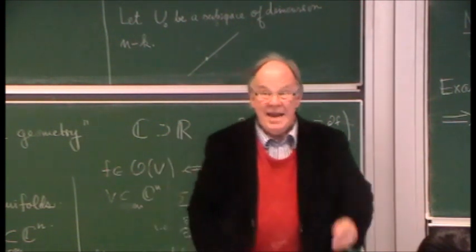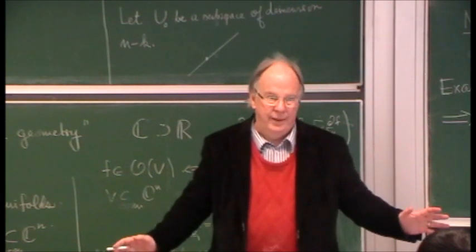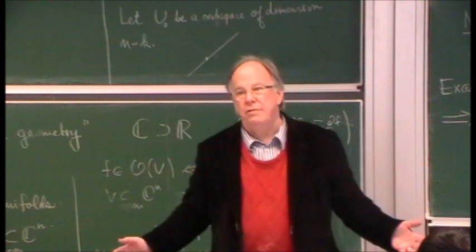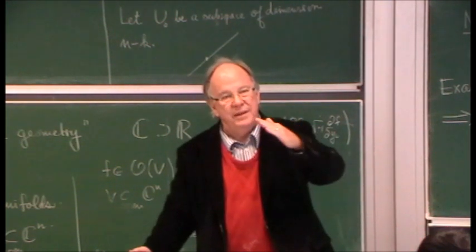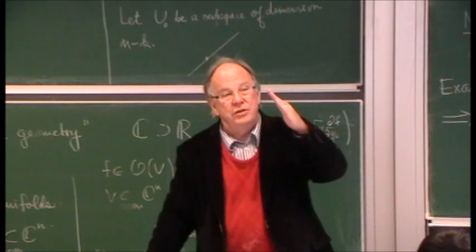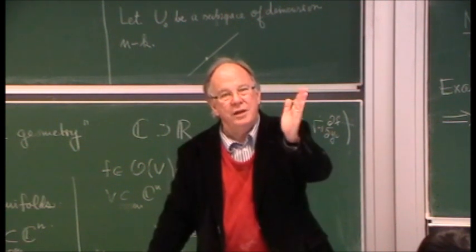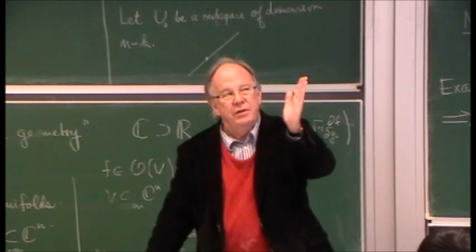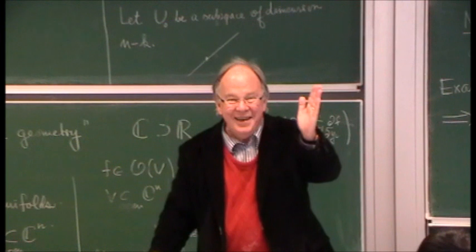Now I've got an n minus k plane that's somehow there. And now what does it mean, genericity with respect to that n minus k plane? A plane W in general position with respect to that means that it's complementary. W is in general position with respect to U0 if and only if it is complementary. It's completely clear, because if I move it, it's still complementary.